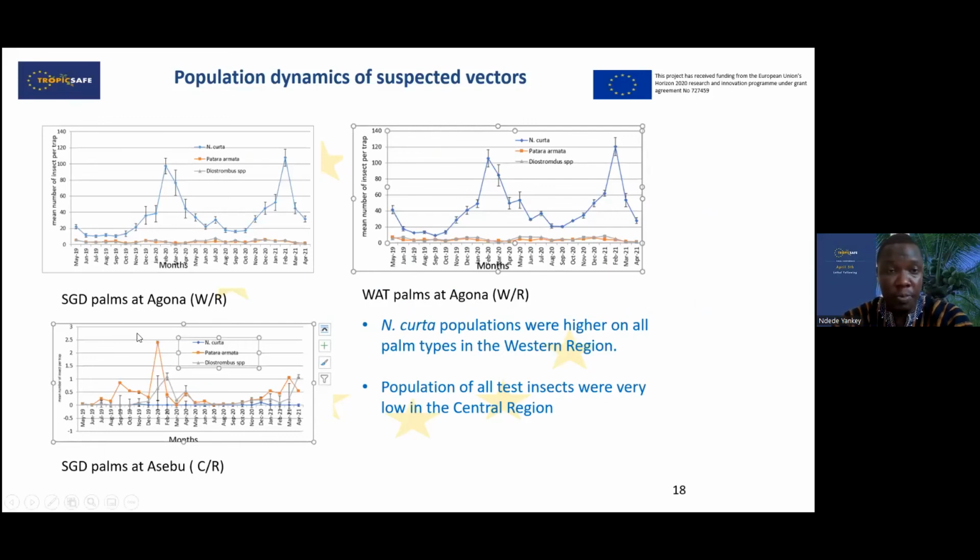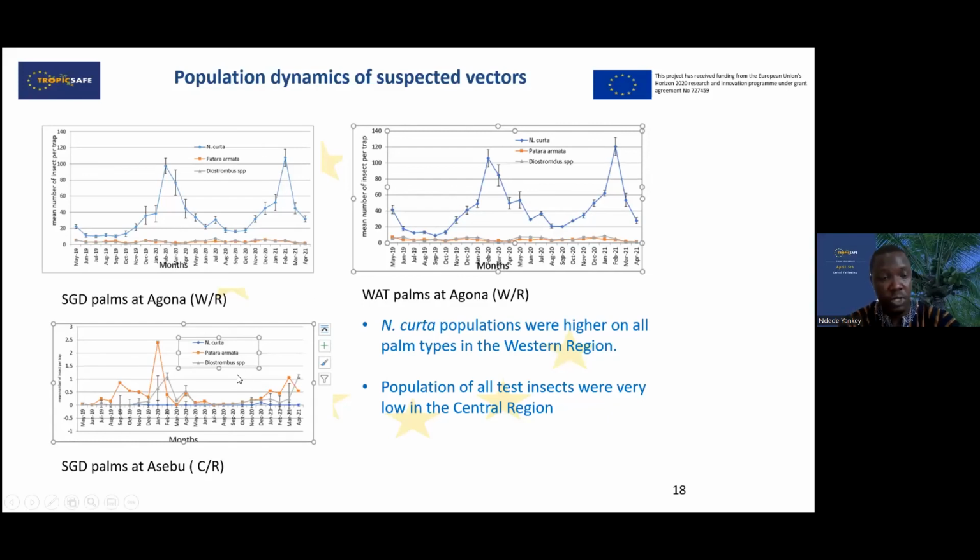And we generally observed that in the western region, the N. Keta among the suspected vectors was the most abundant. The ones we found in this study were in very low numbers. We monitored their numbers in various palm types. In the SGD palm, these are just a sample of the results in the West Africa tall and in other palm types. So the numbers of the suspected vectors that we have found positive for the phytoplasma were very low.